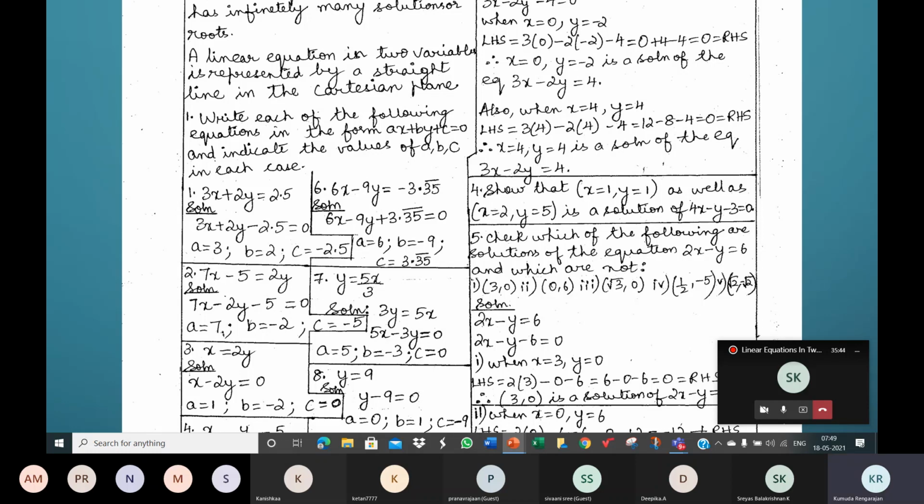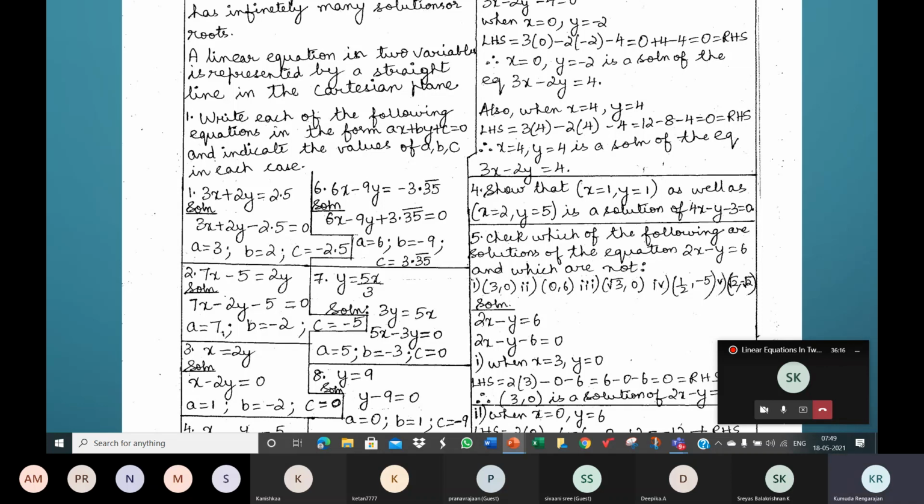I repeat, AX plus BY plus C is equal to 0 is the standard form of a linear equation in two variables X and Y, where A, B, C are real values. The values of A and B should not be both 0 at the same time.